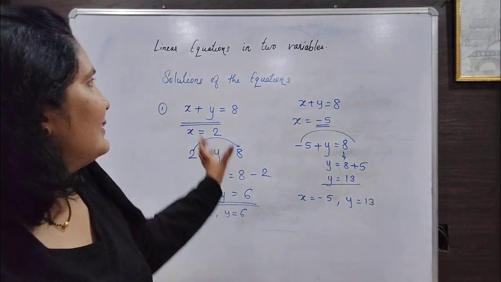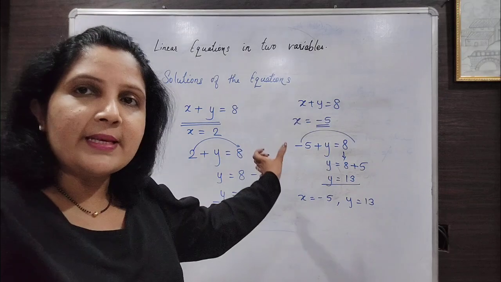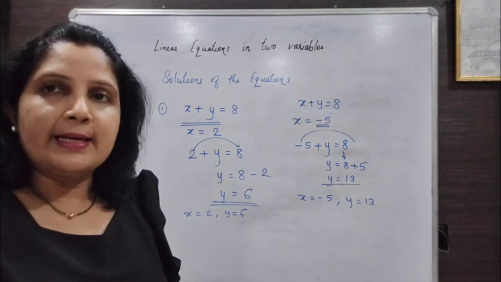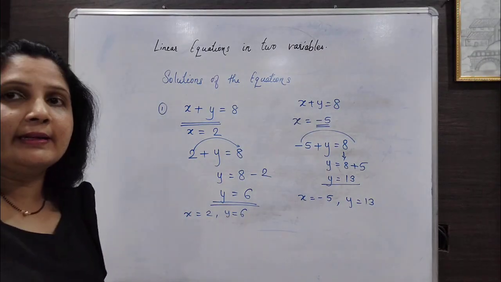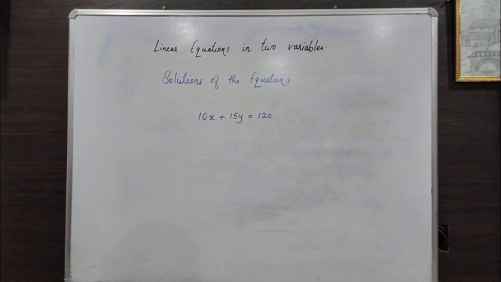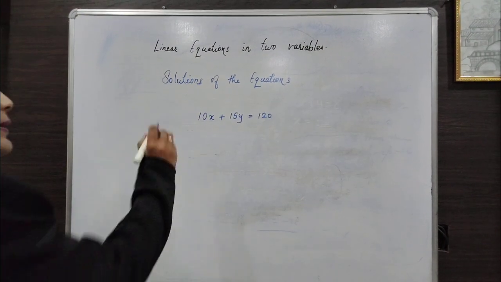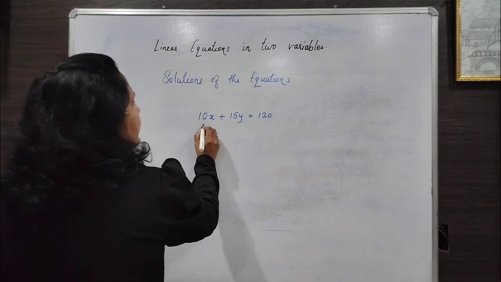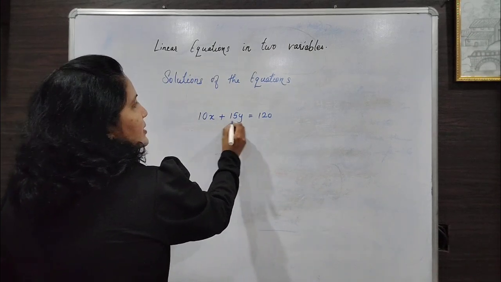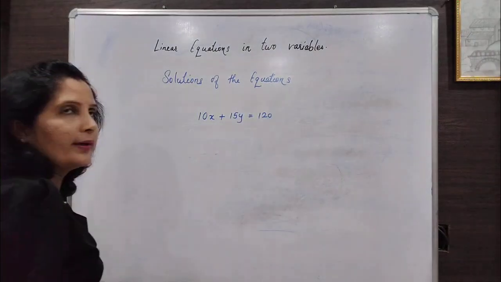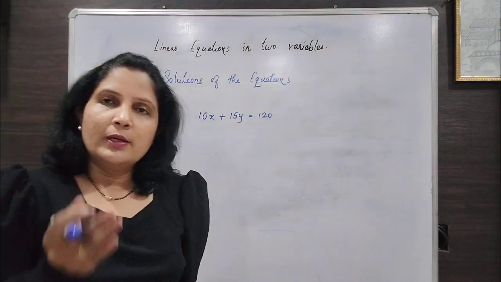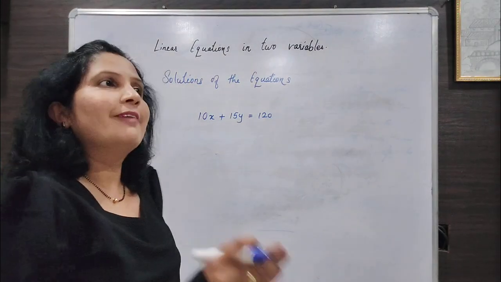So this is a very basic equation. Let's go to a little higher level. Now, in this equation, we have 10x plus 15y is equal to 120. Let's assume now the value of y.